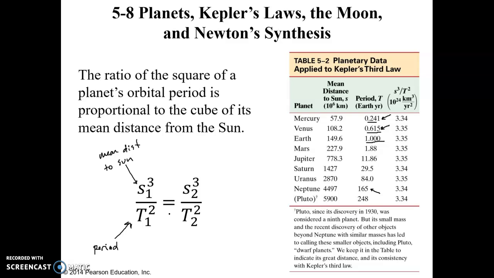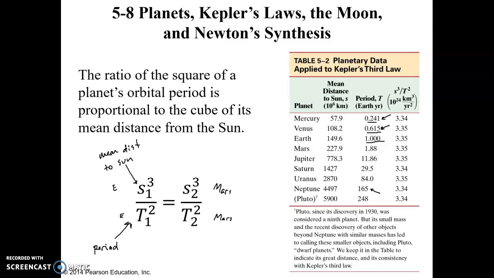Okay, so if we take these mean distances and cube them, divided by the period squared, that relationship remains constant. So, for instance, the mean distance to the sun for the Earth and the period of an Earth is equal to the mean distance from Mars to the sun cubed divided by the period of Mars squared.